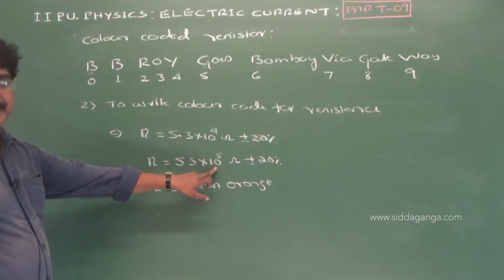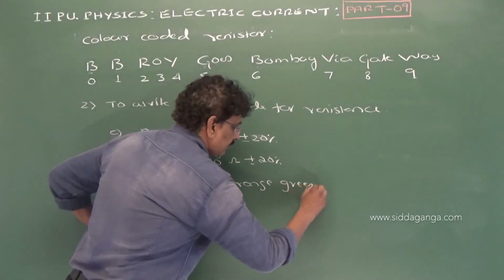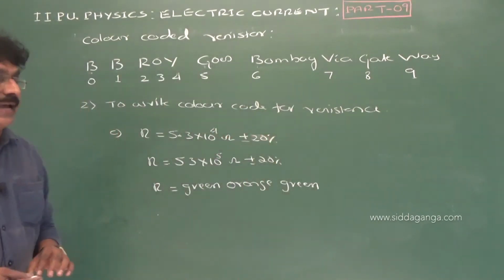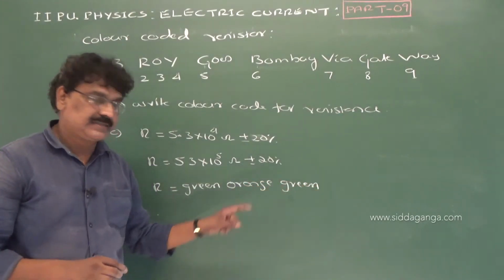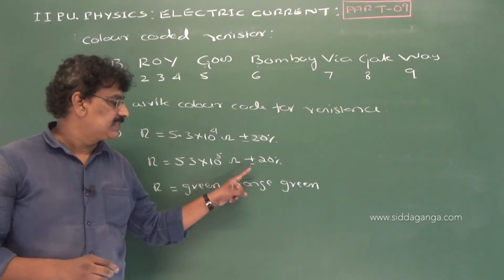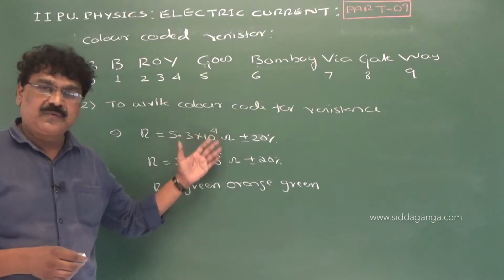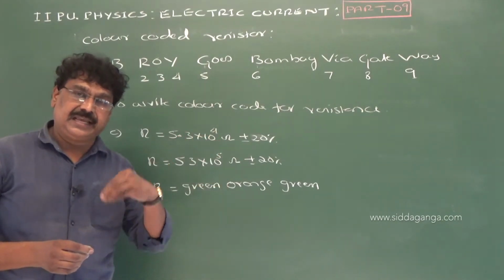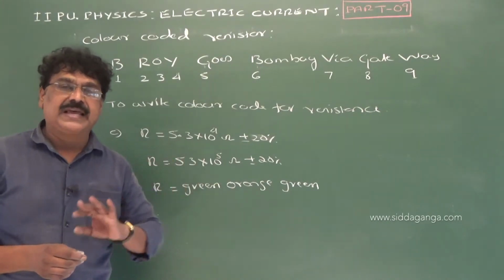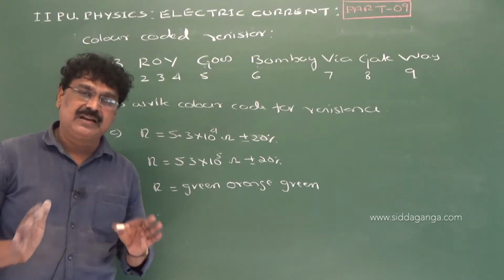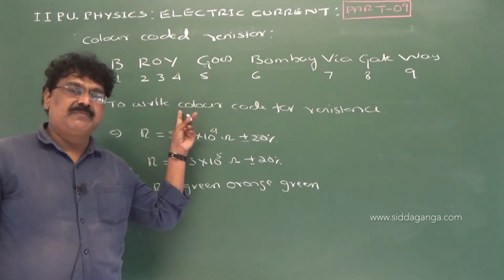Now this is 5, again green, and no fourth color because the tolerance is plus or minus 20%, right? Now this is how we can write the color code for a given resistance value, or obtain the resistance value for a given color code. You just practice it.